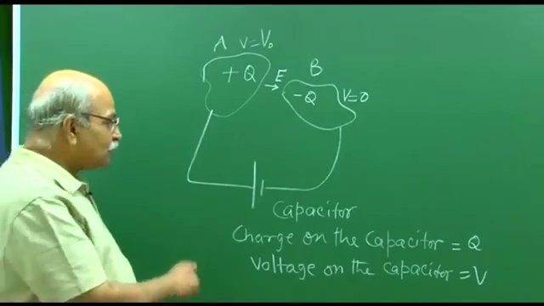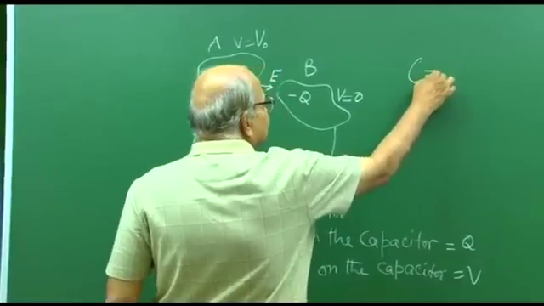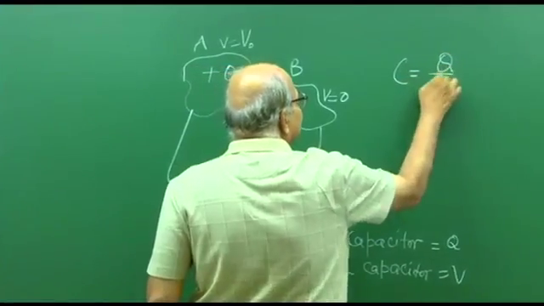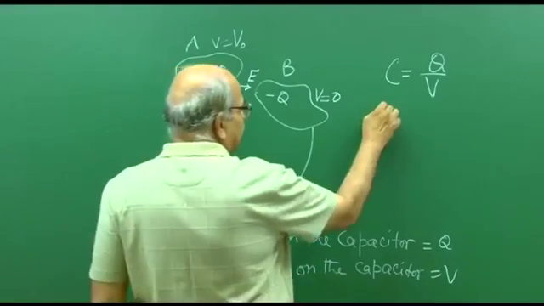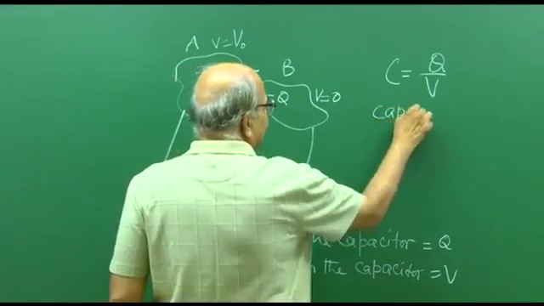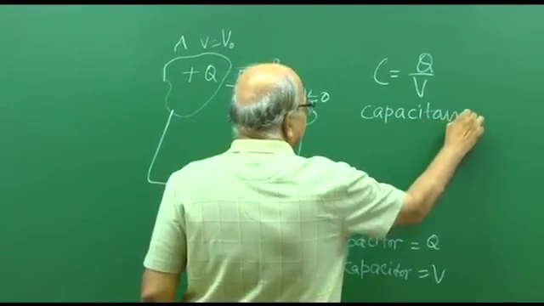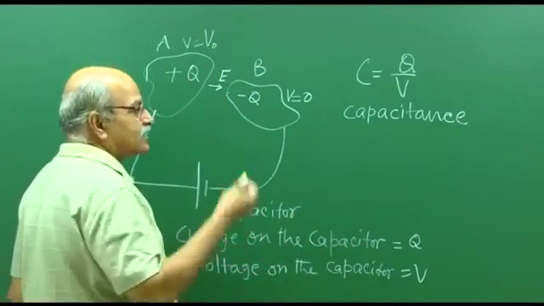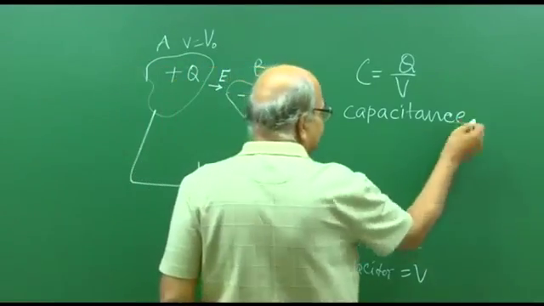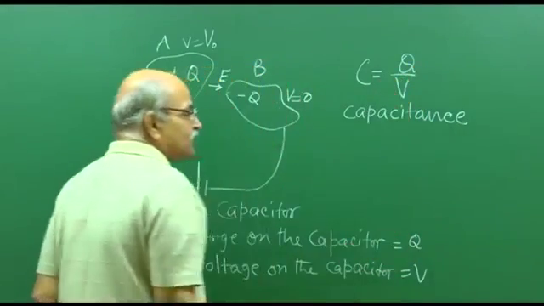And if you take the ratio C, which is this Q divided by V, that is known as capacitance, and this is the quantity which is used in all circuit analysis and all that. So, capacitance, typically written as C, is this Q divided by this V.